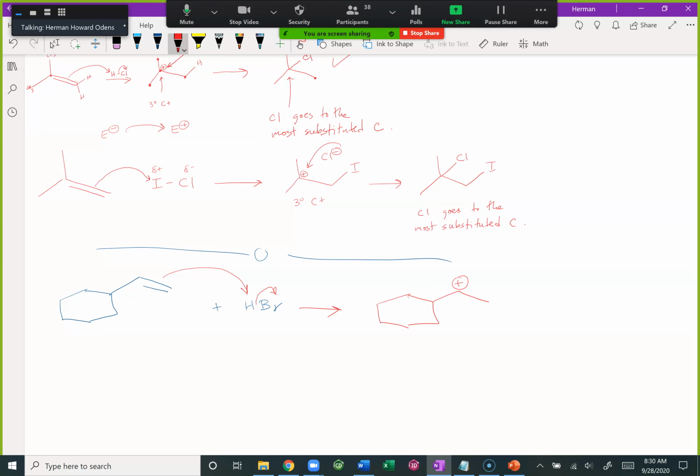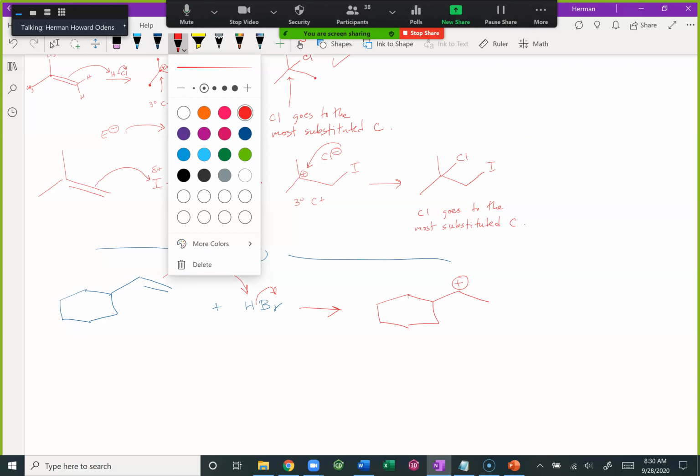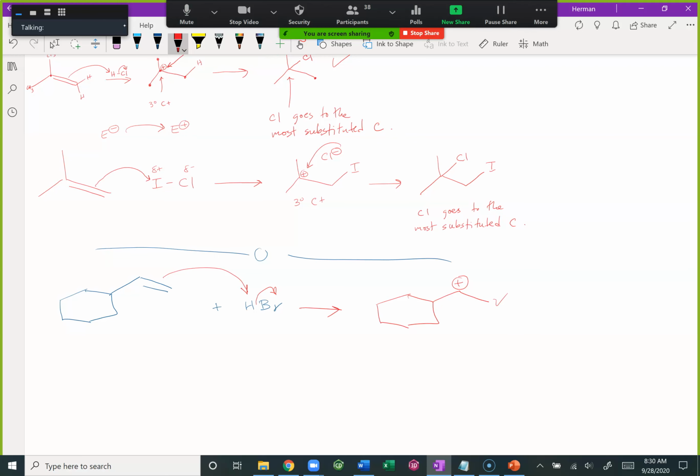I'm going to start now omitting this hydrogen here. The hydrogen went there. Now you have a CH3 group there, and you have a carbocation here. But notice that this is a secondary carbocation. If the molecule can migrate a proton and do a 1,2 hydride shift, you can improve the carbocation stability.